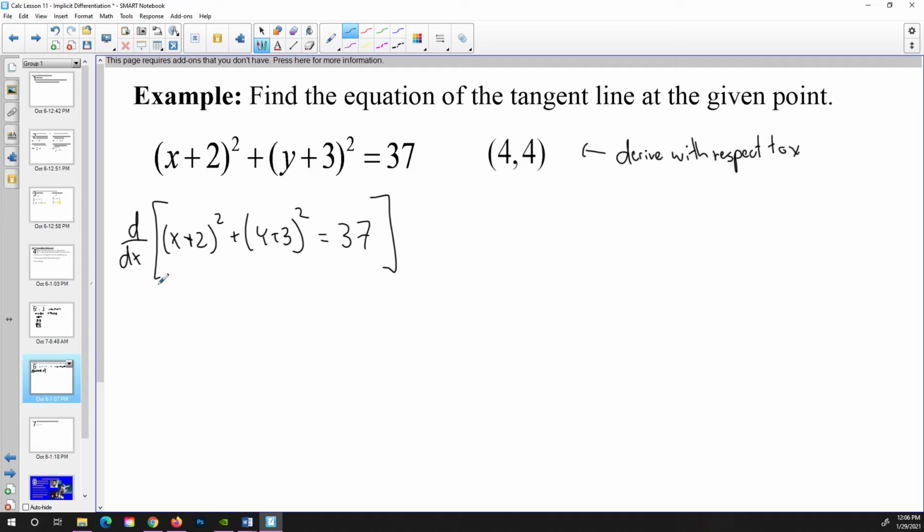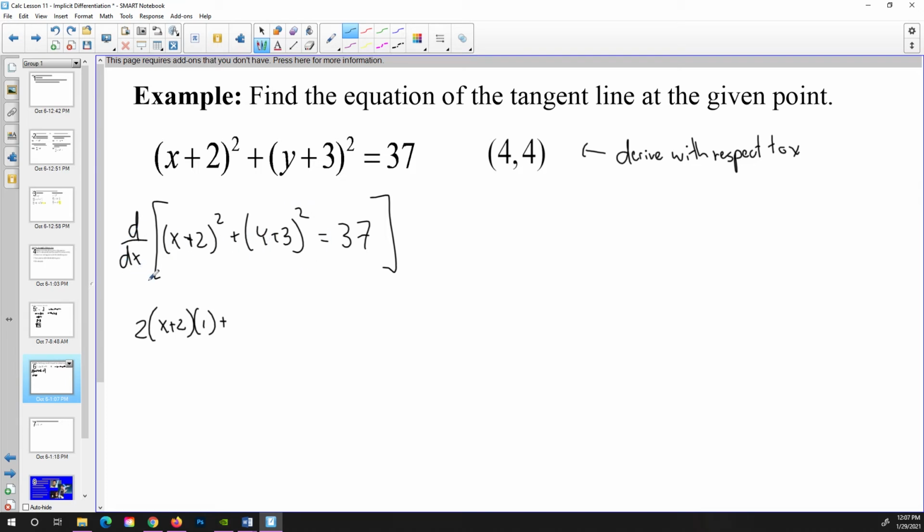All right, so since the variables here are the same, we can do a derivative that we're used to doing. And so it'll be 2 times x plus 2 times the derivative of what's inside times 1. And again, this exponent is 1 because that was a 2 when we subtract 1. Plus, now I'm going to derive this expression with respect to x.